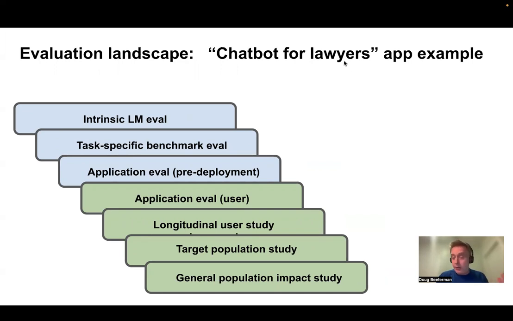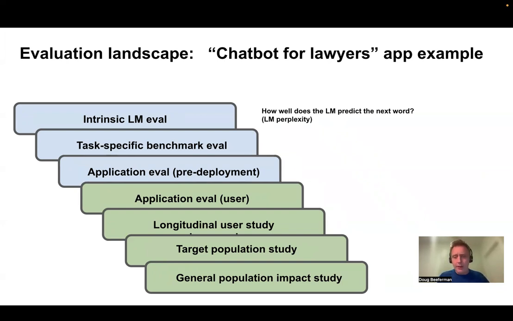It may use a language model such as GPT-3 or GPT-4, and we could ask the question, how well does that language model do the basic language model task of predicting the next word?